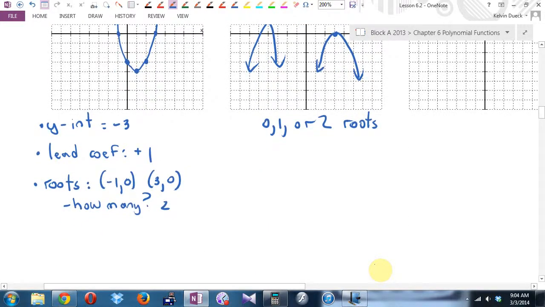Okay. Back to our graph. Domain. All reals. And this is what some of you are having trouble with, so I'm going to slow down a little bit. What about the range?